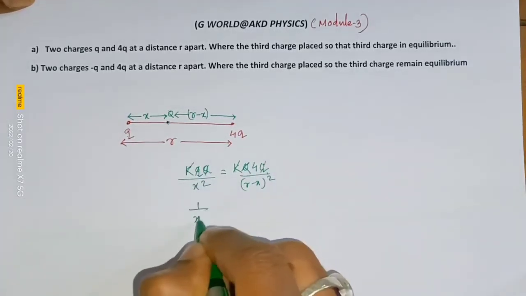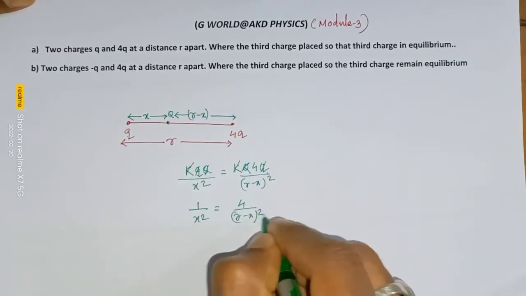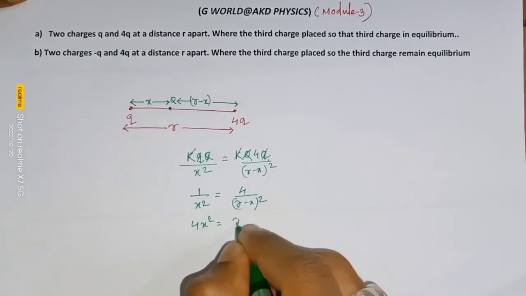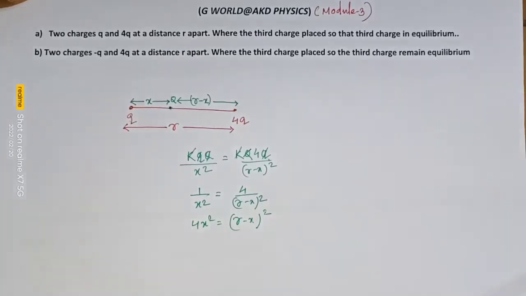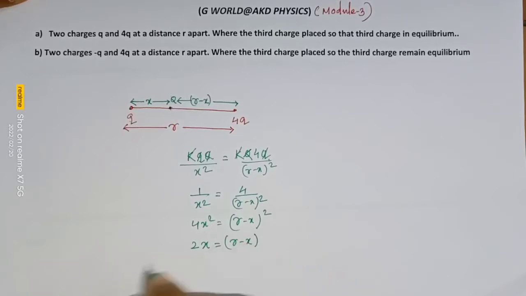So 1 upon x square equals 4 upon r minus x whole square. So 4x square equals r minus x whole square. Taking the root, 2x equals r minus x, and we get r equals 3x. So x equals r by 3.